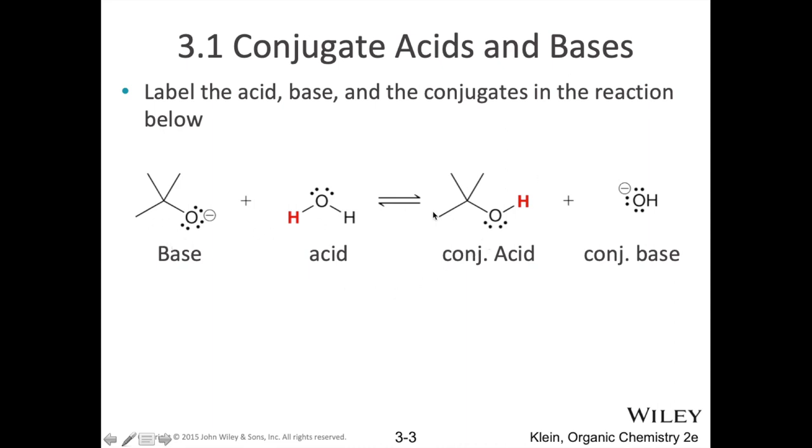And of course, in the reverse reaction, their roles are kind of flipped, right? What used to be the base is now the conjugate acid. The resulting hydroxide that forms is the conjugate base of your water. This OH ion would pick up this H plus to go back to being water. So since it's going to accept an H plus in that reverse reaction, it's a conjugate base.